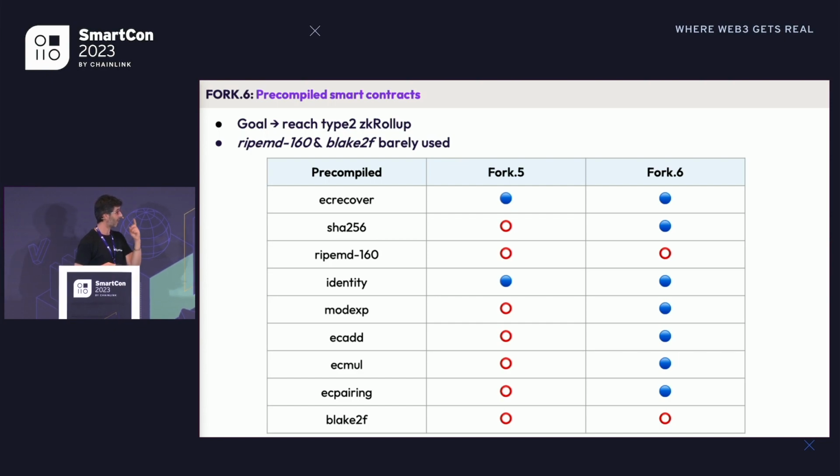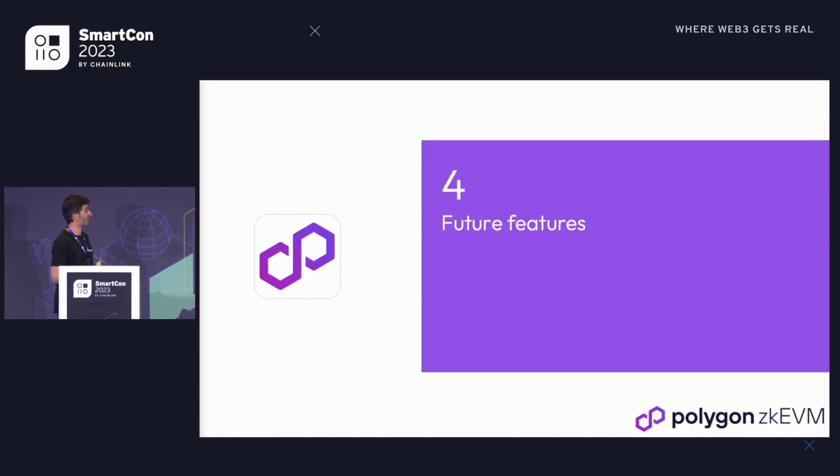This is very important in order to go from type 2.5 to type 2 zkEVM. We decided to not put a lot of effort into the RIPEMD-160 and the Blake2f precompiles because they are not used too much in Ethereum, and it will take a lot of time to implement in the zero-knowledge part of the zkEVM.